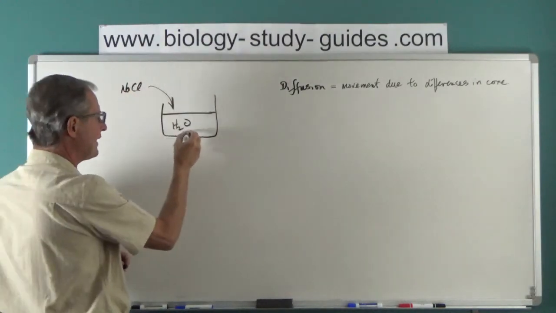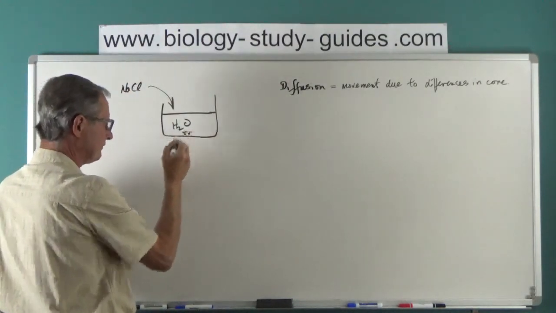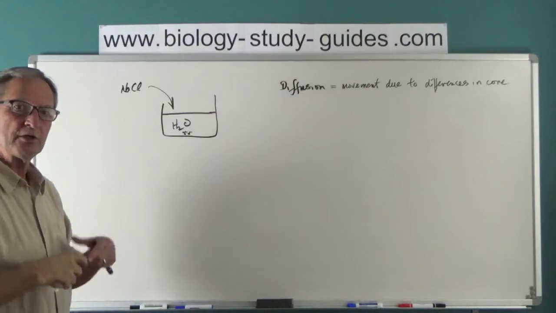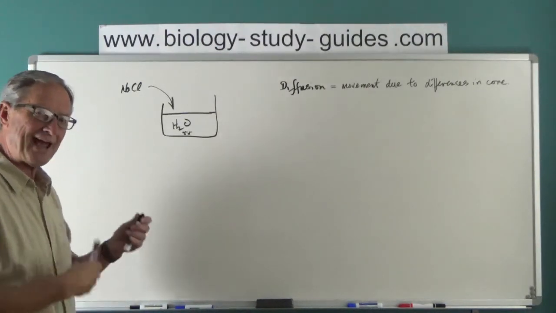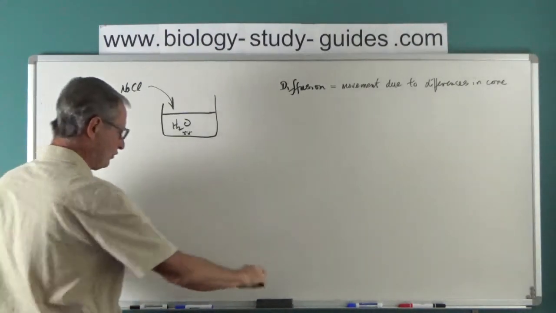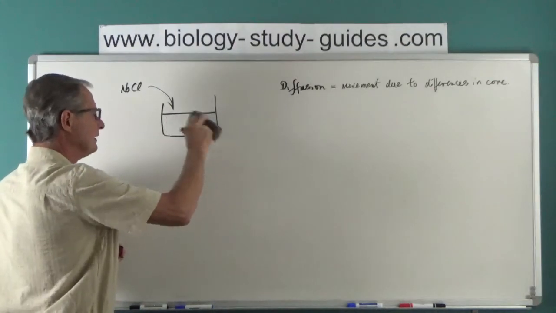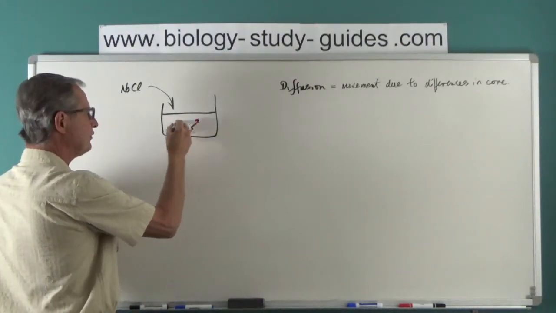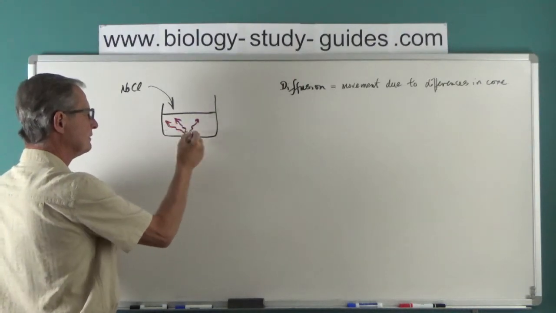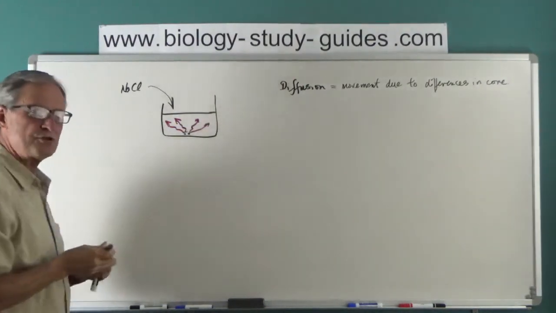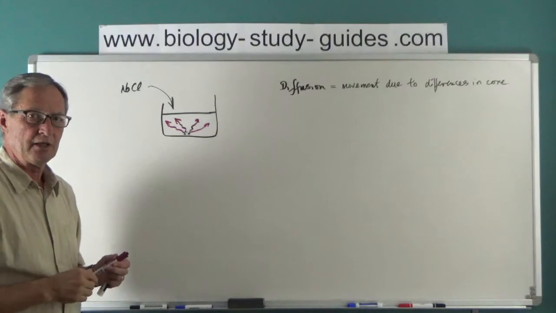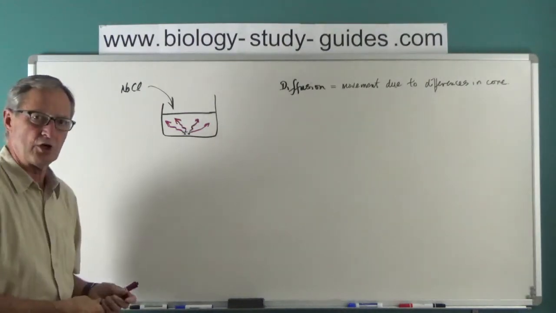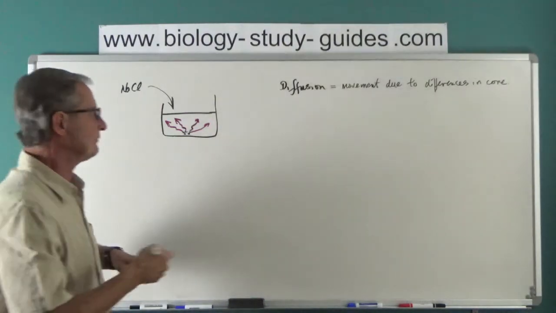The salt's going to wind up in the bottom, and it will dissolve. And as it dissolves, it will slowly diffuse. There's nothing making it do that. It's just a fact of nature, or we call it the law of diffusion.